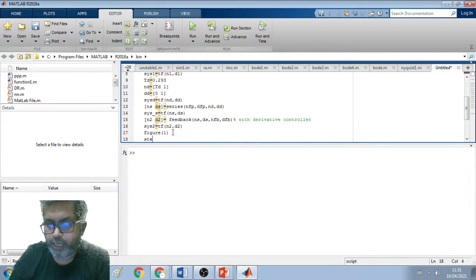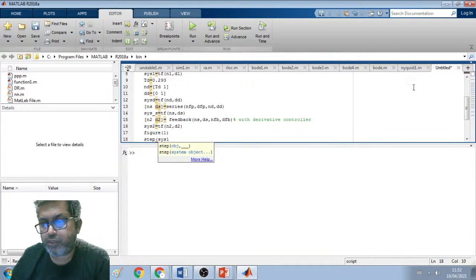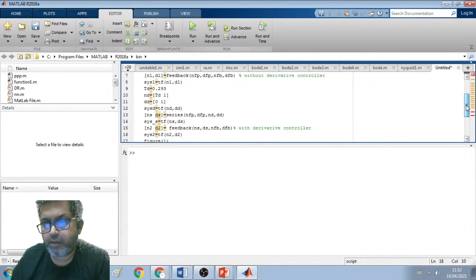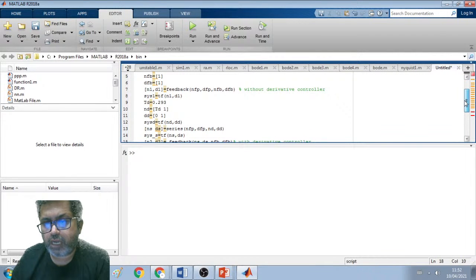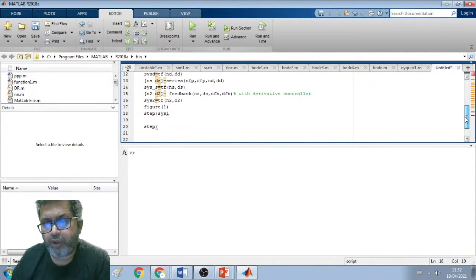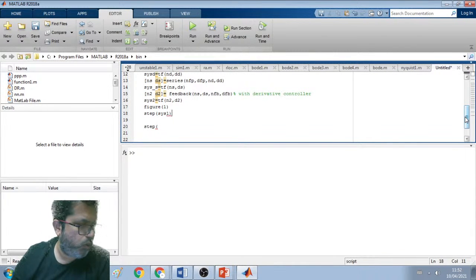Okay, step sys1, what was sys1? See here, sys1 was transfer function without derivative control. Then I will say grid on.